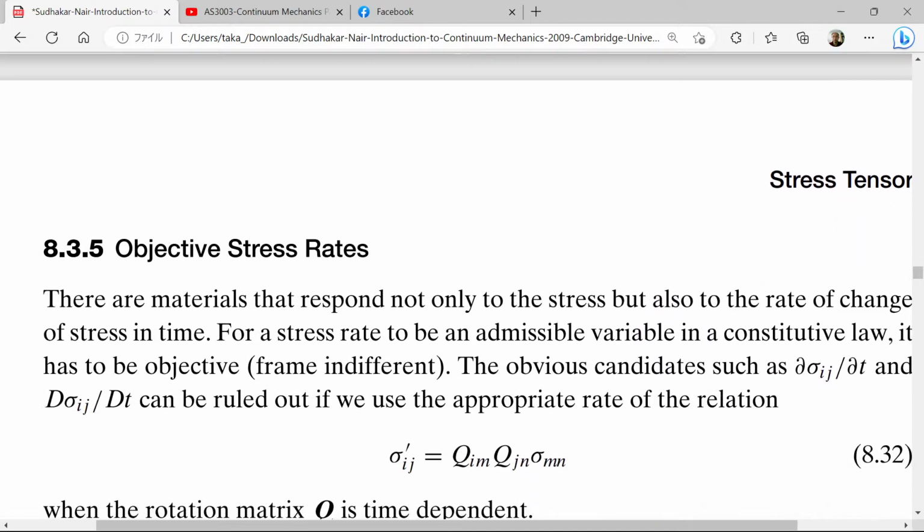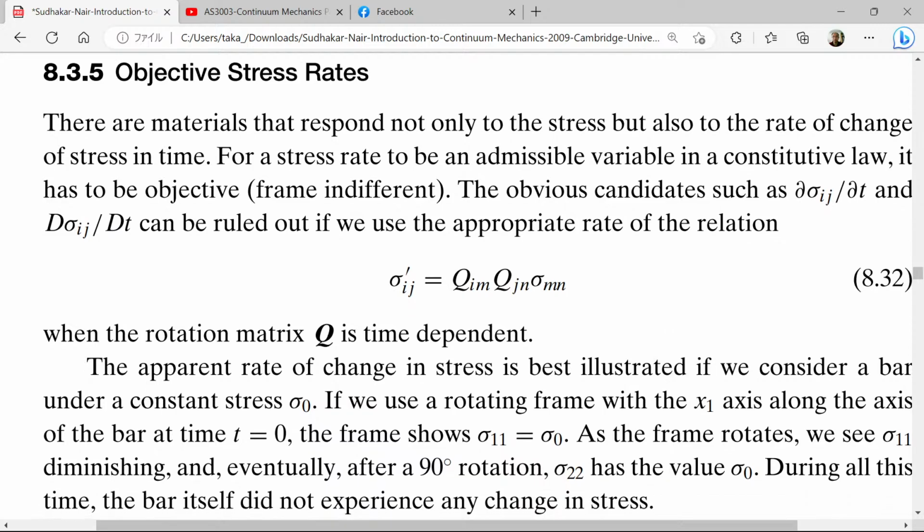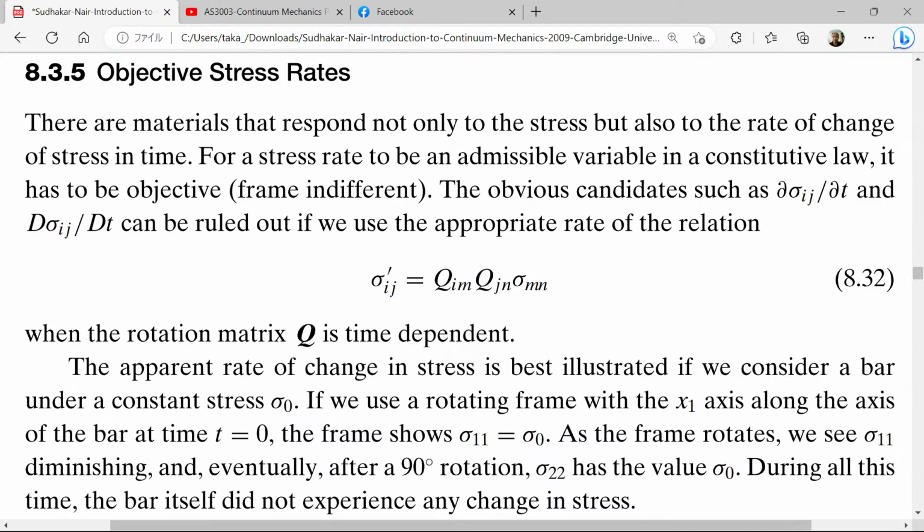There are materials that respond not only to the stress but also to the rate of change of stress in time.